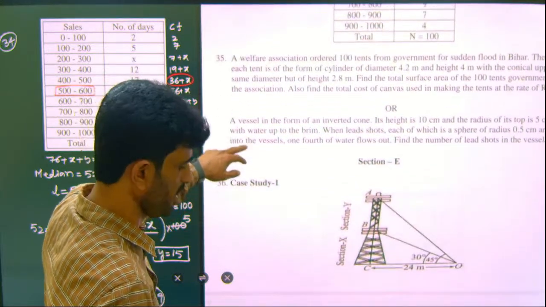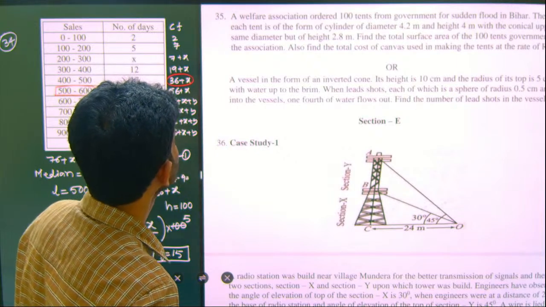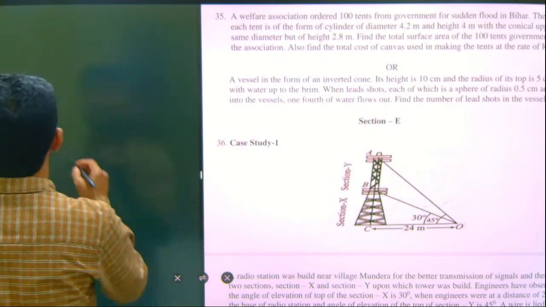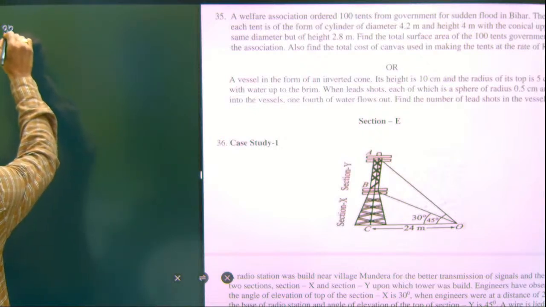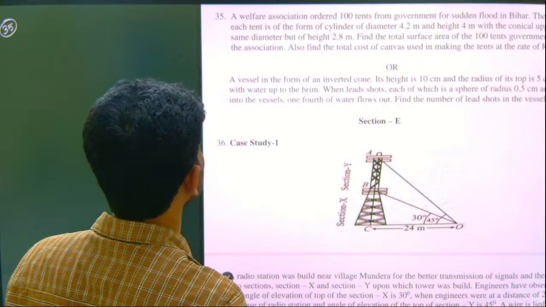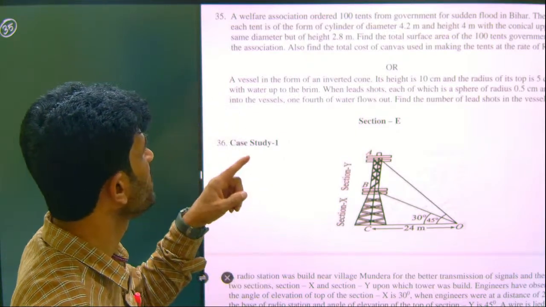Question number 35 is from surface areas and volumes. A welfare association ordered 100 tents from the government for a sudden flood in Bihar.